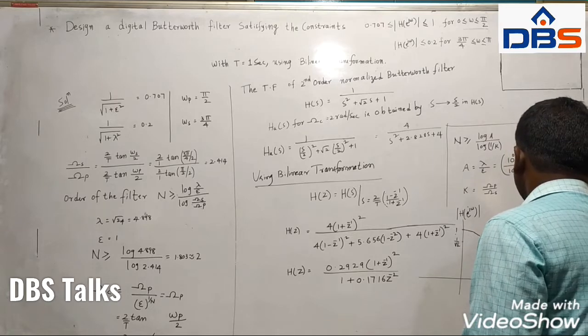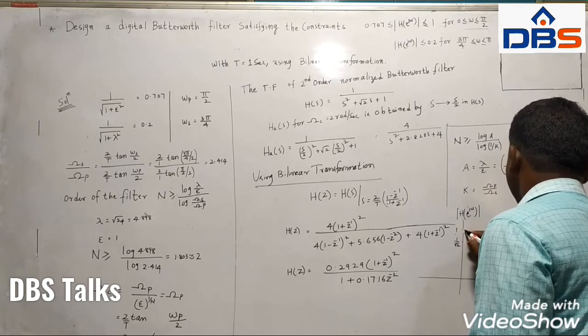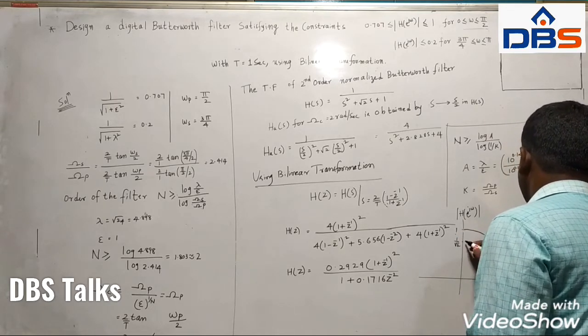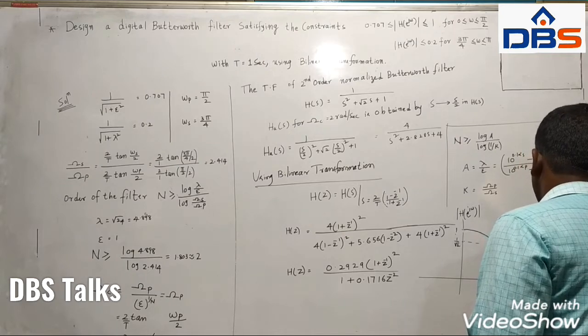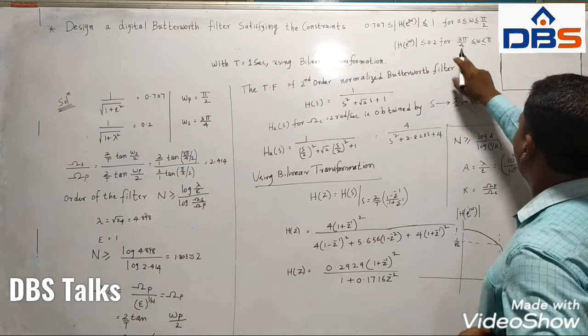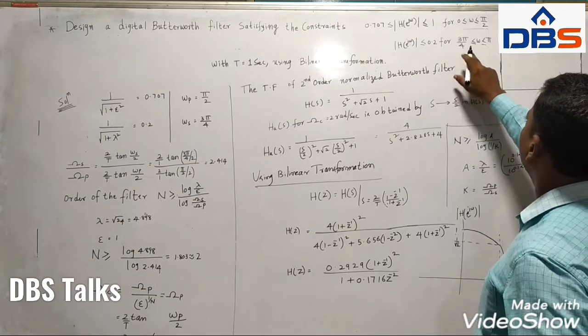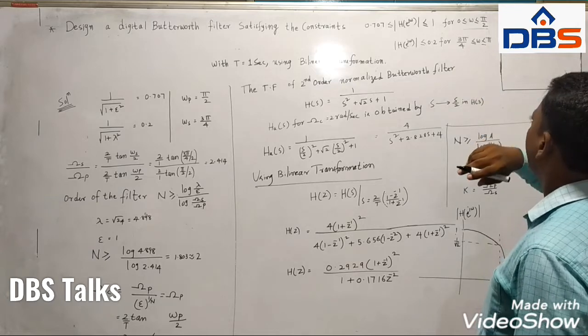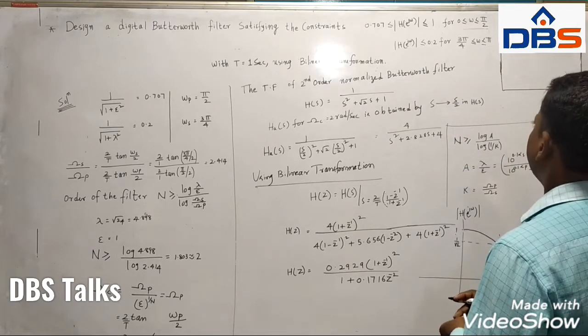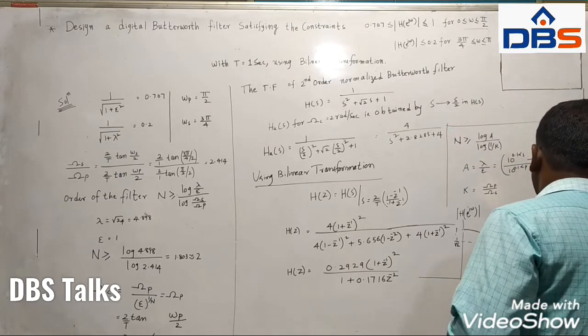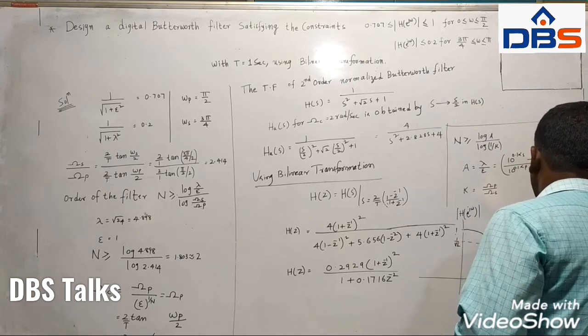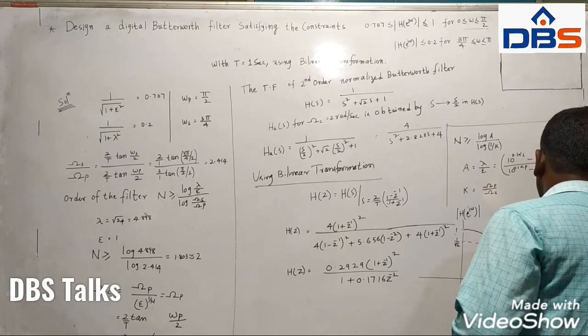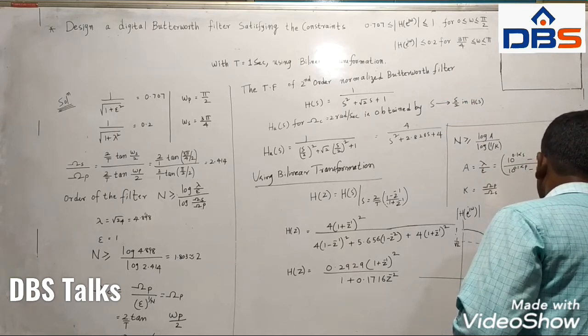The magnitude characteristic looks like this, and from 3 pi by 4 to pi, it is less than or equal to 0.2. You assume that it is something like this.